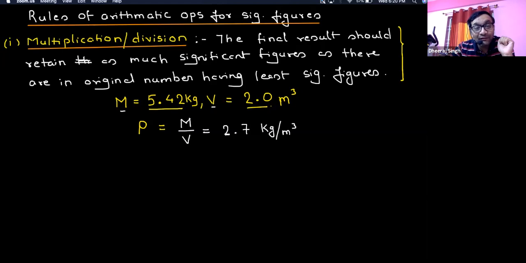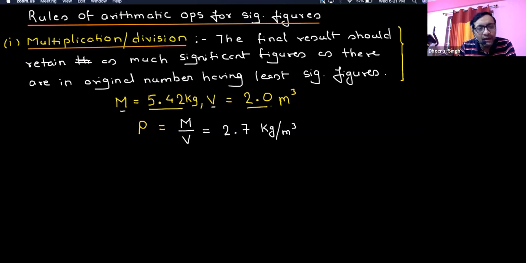We have this habit when we divide one number by another, we keep on finding the trailing digits, 2.7, 1, 5, 4, like that. All that is useless. I am not even sure about the second digit. Why should I find the fourth, fifth, sixth digits?